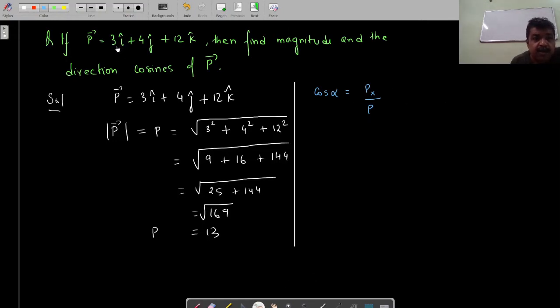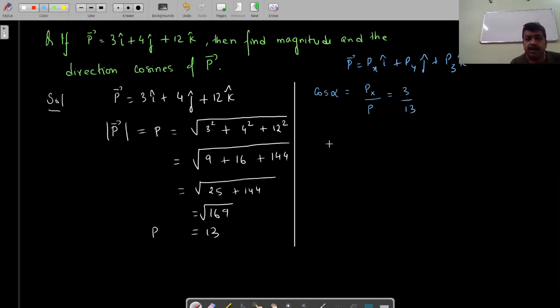This p is nothing but px i cap plus py j cap plus pz k cap. So px is 3, so 3 divided by 13. So this is cos alpha.